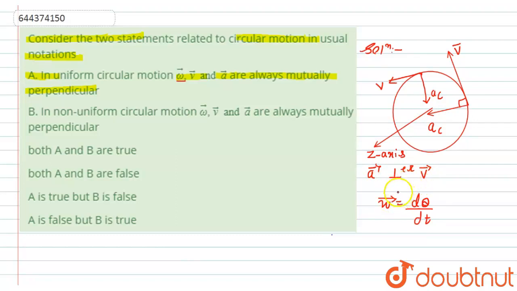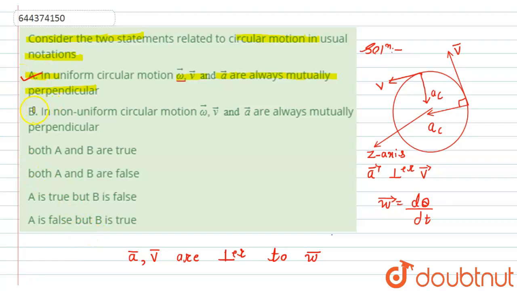Okay, so here I can say that in uniform circular motion, acceleration and velocity are perpendicular to omega, right? So according to this, statement A will become correct.